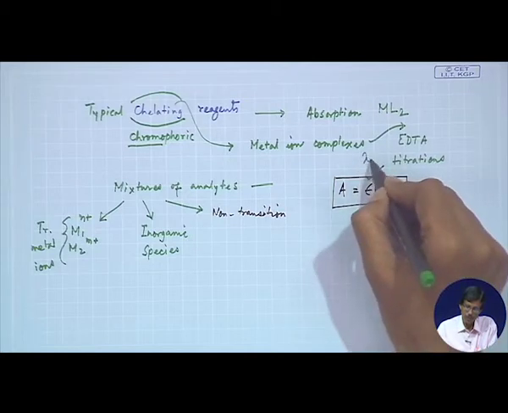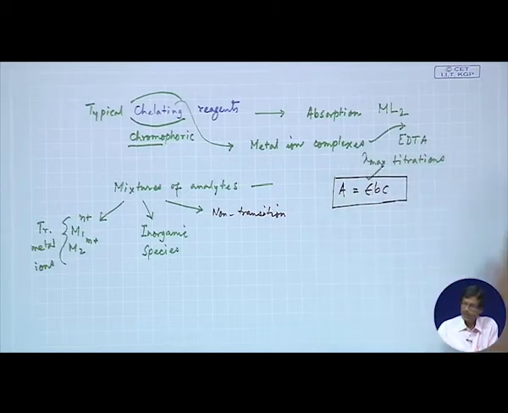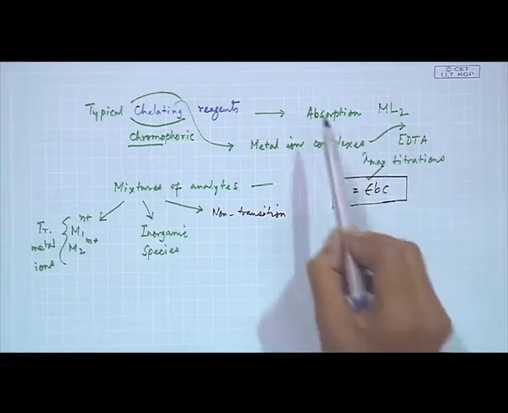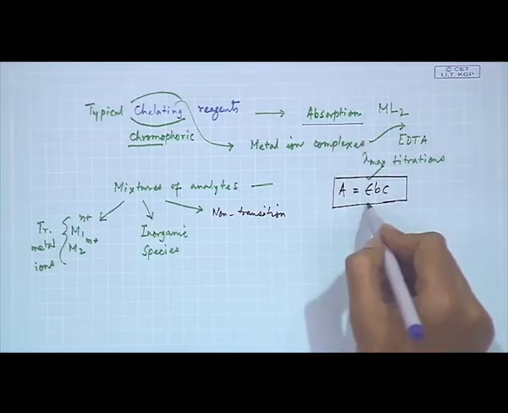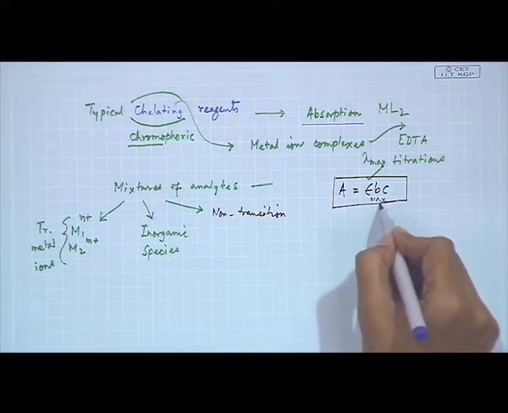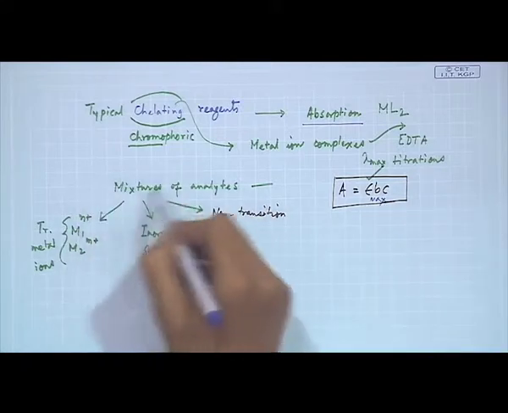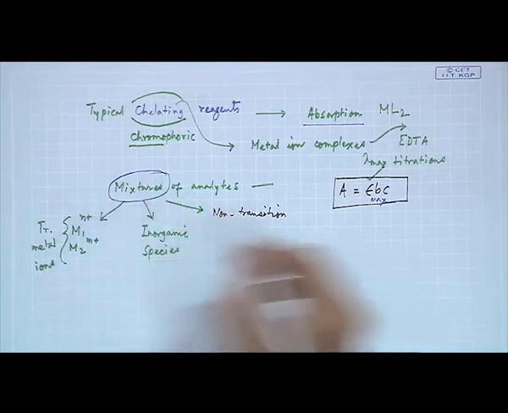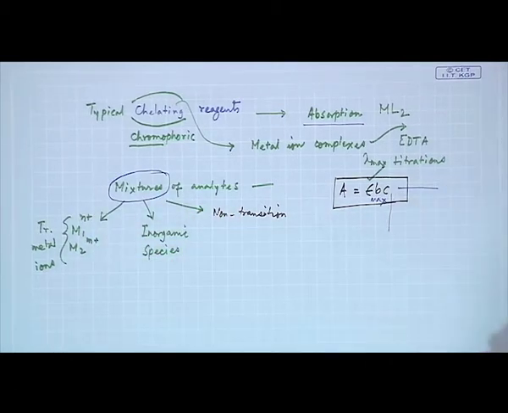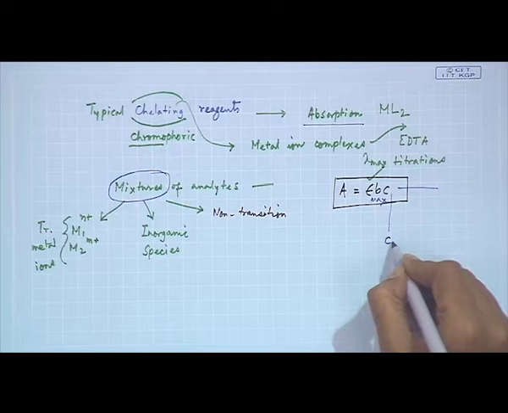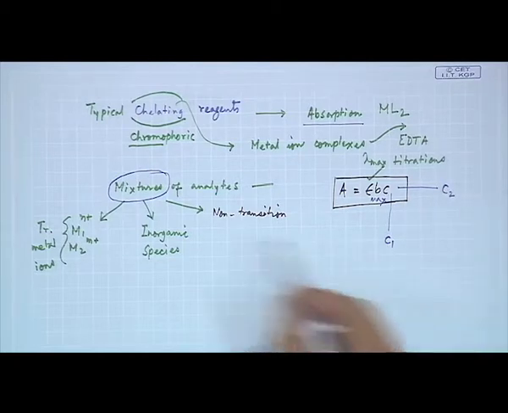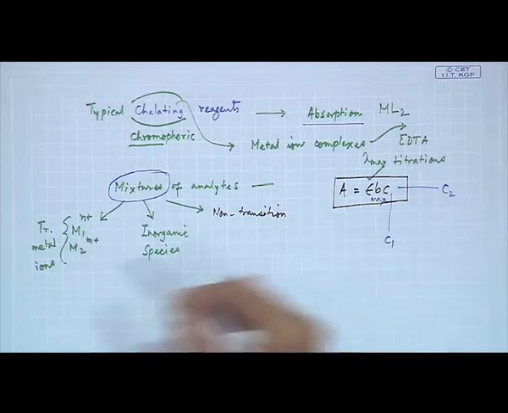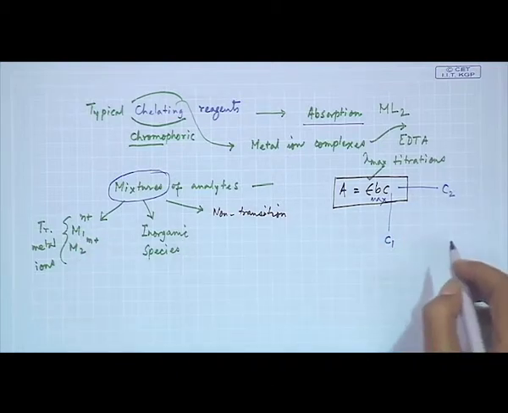So, once we know the lambda max of that particular species, which is responsible for your absorption of color, we have to know the corresponding epsilon max. Now, when we talk about these mixtures, these two things we will now be handling. One will be C1, the concentration for this species, and C2 will be the concentration of the other species.